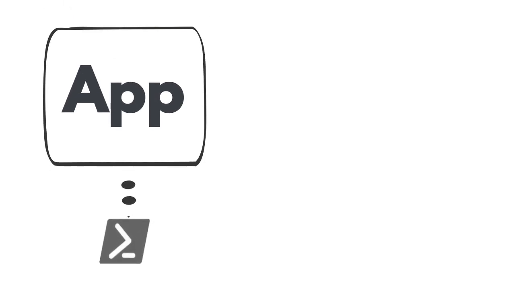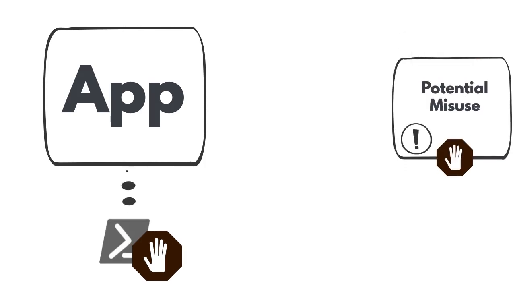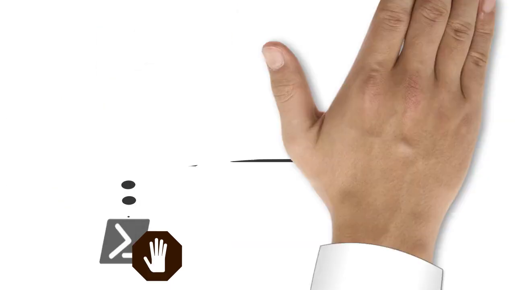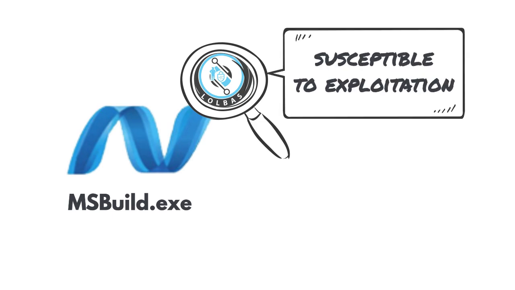Instead of blocking an application if it is launched by a vulnerable app, we want to block an application that can be misused unless it is being used by a specific app. In this example, we'll use MSBuild.exe, an executable identified on LOLBAS as susceptible to exploitation.